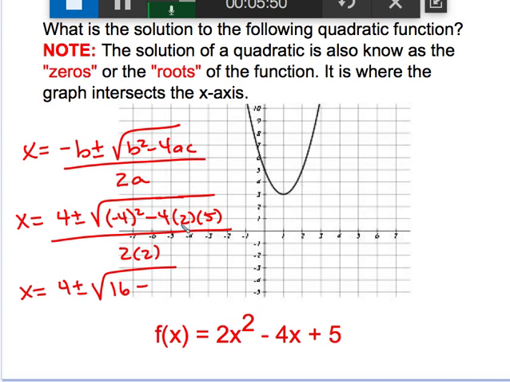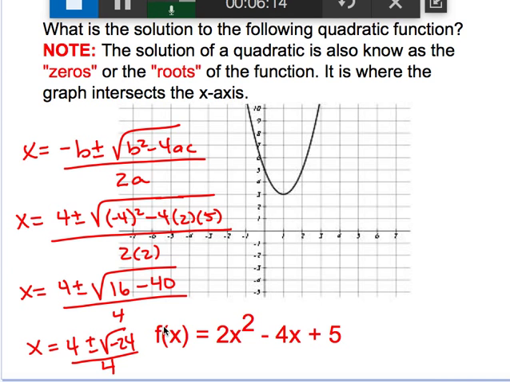16 minus 40. Now can you see how you're going to get a negative number here? So you're going to get 4 plus or minus the square root of negative 24 all over 4. So what happens is this is actually an imaginary number.